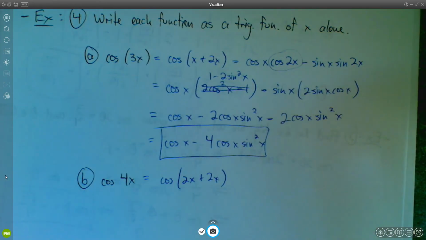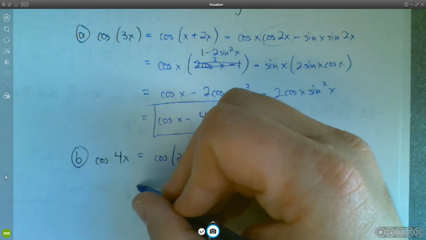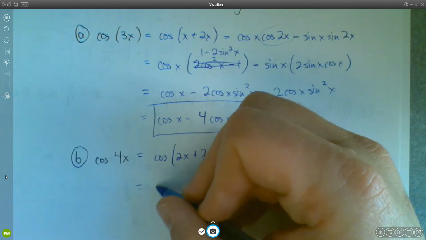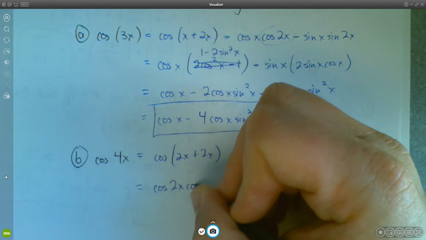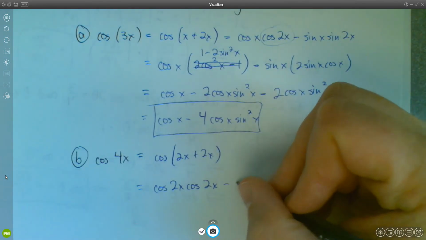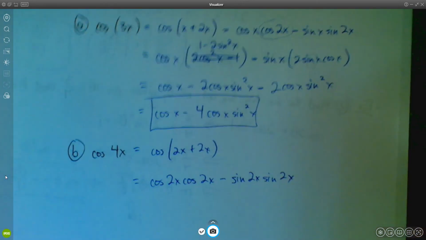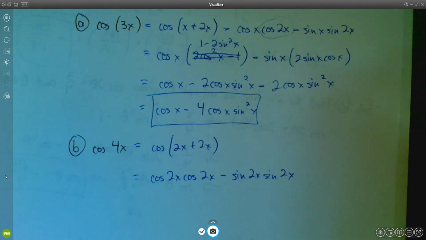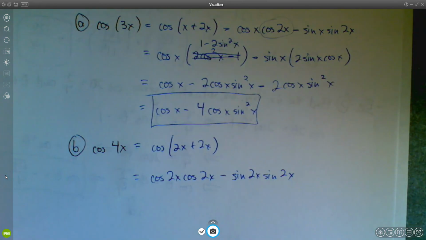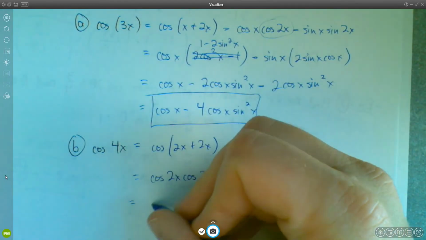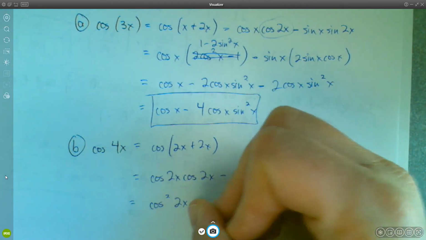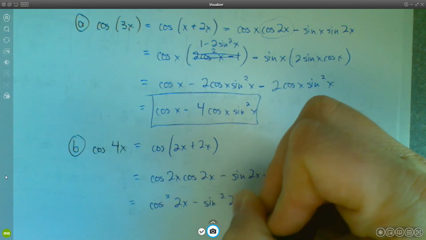So then I'm going to have cosine 2x cosine 2x minus sine 2x sine 2x. Oh, this one's really nice, I think. Okay, because then I get cosine squared 2x minus sine squared 2x.